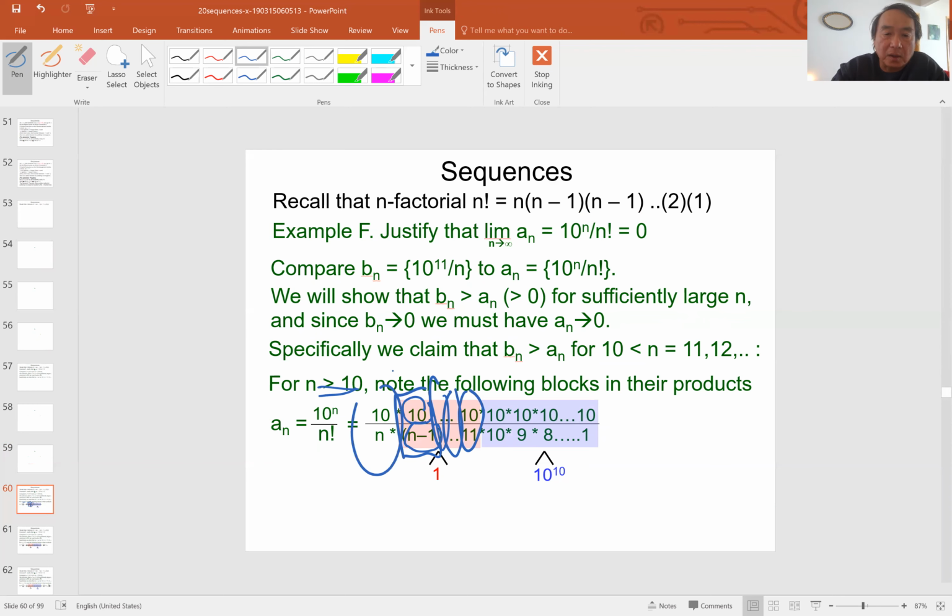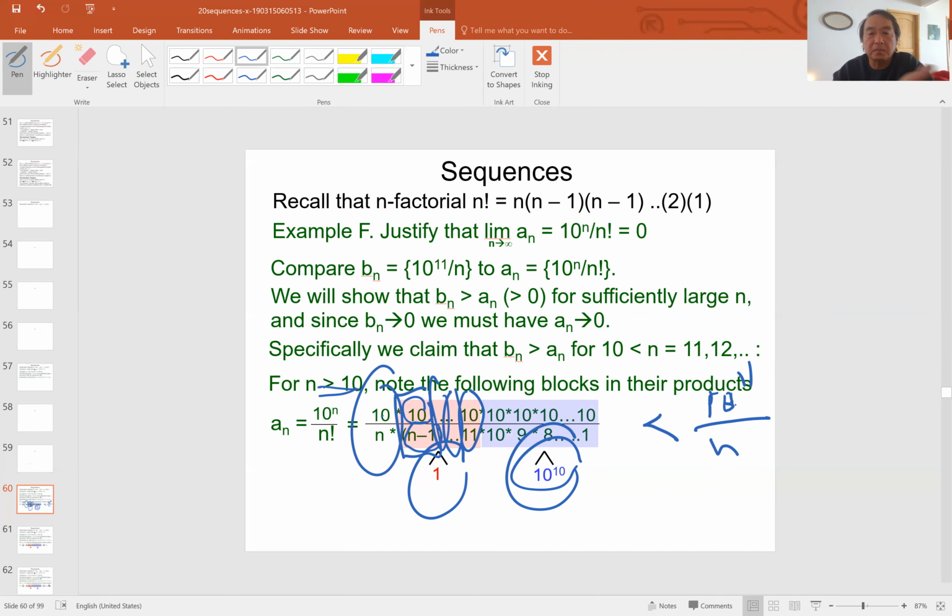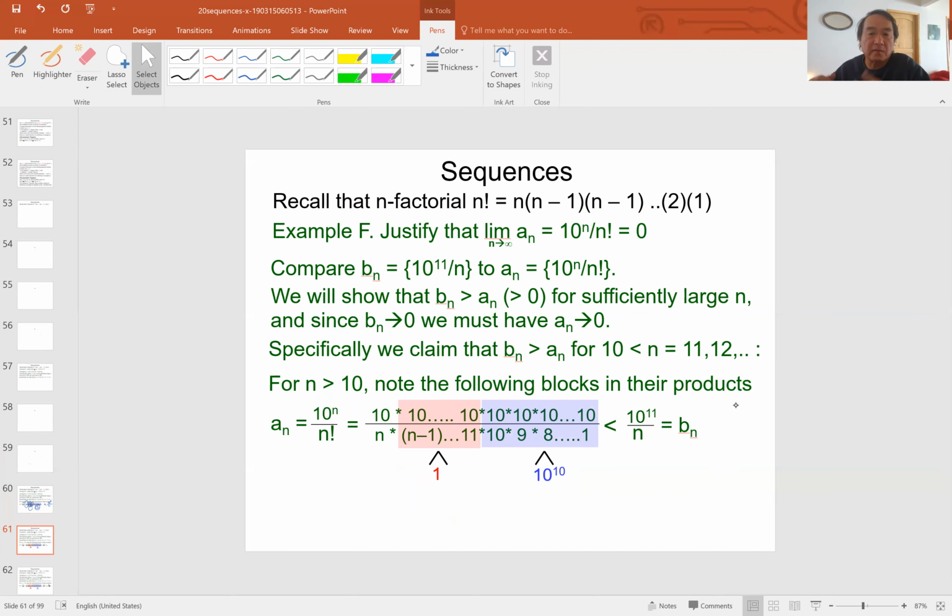Now multiply these three parts together using inequality. 10 times 10 to the 10th on top and n on the bottom. Okay, so this number is going to be less than 10 to the 11th divided by n. As n goes to infinity, these fractions will go to 0.